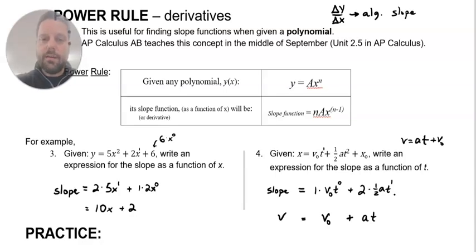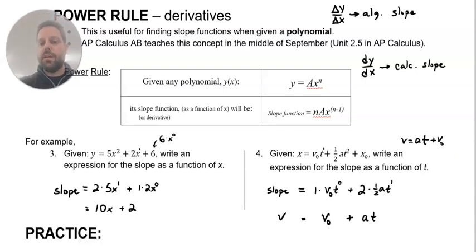Instead of delta y over delta x, we're going to use the letter d as a calculus notation to say that delta x is going to be tiny and dy, the delta y, is going to be tiny. It's kind of like when we took p and q and shrunk them together. So this is going to be the calculus version of slope.